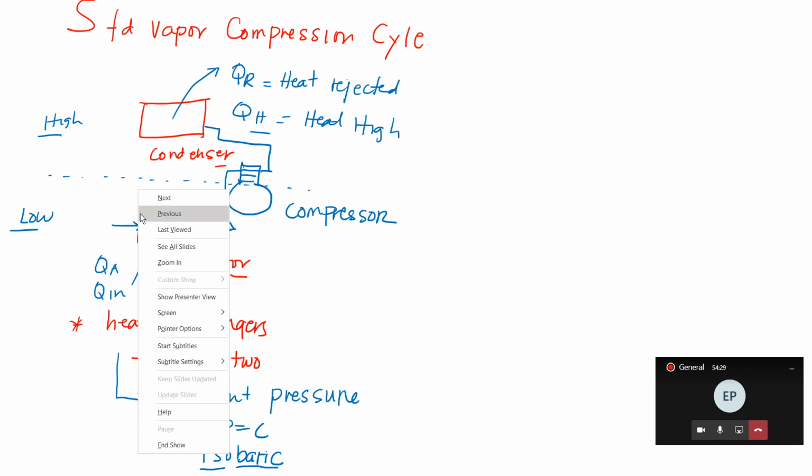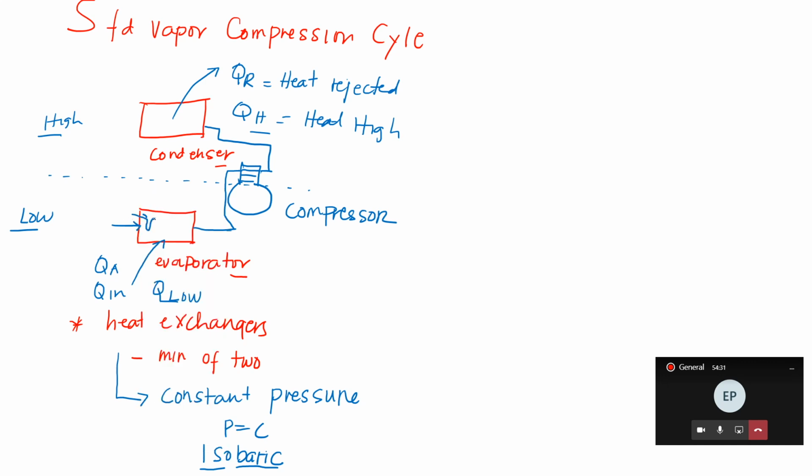Here. The refrigerant in the coil, right? So the refrigerant is not scattered everywhere. It is in the tubes or the coil. So coil is in the evaporator and coil is also present in the condenser. That's why we have condenser coil, evaporator coil.